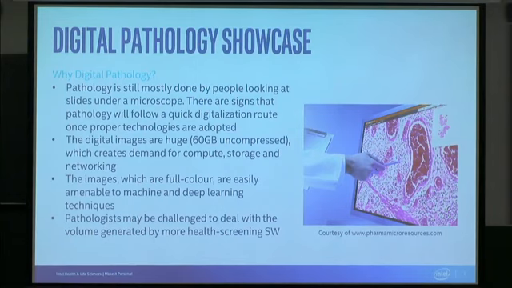You see that, for instance, every slide, every image which is digitalized in pathology is huge. Usually we are talking about hundreds of thousands by hundreds of thousands of pixels, so a huge storage demand, about 60 or 100 gigabytes per image compressed.